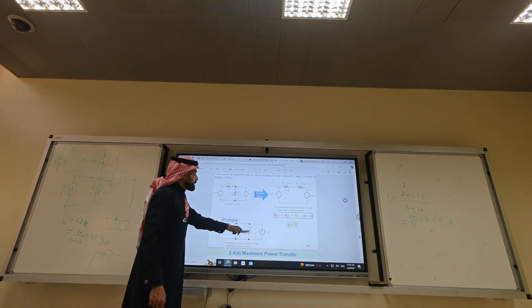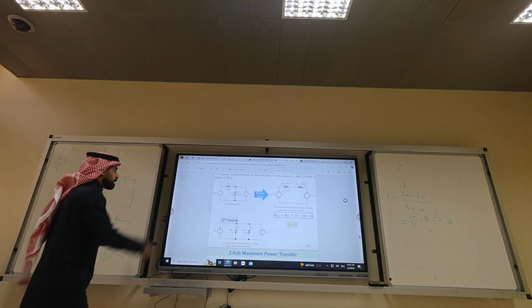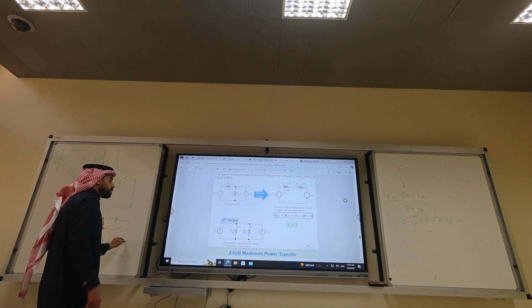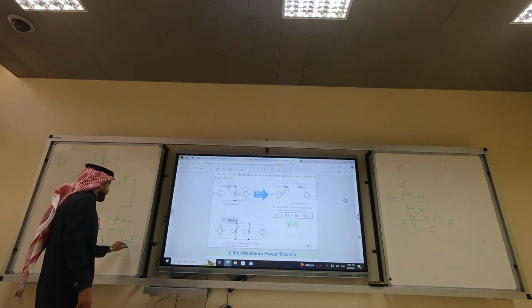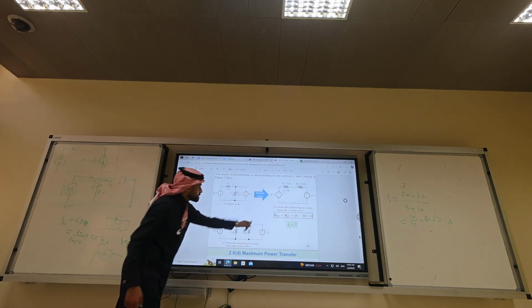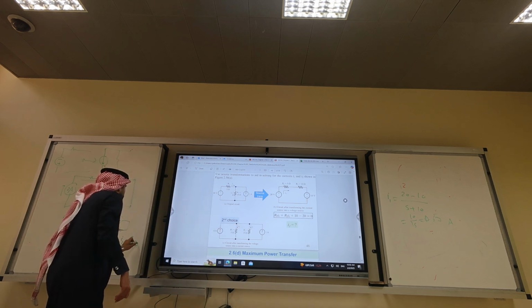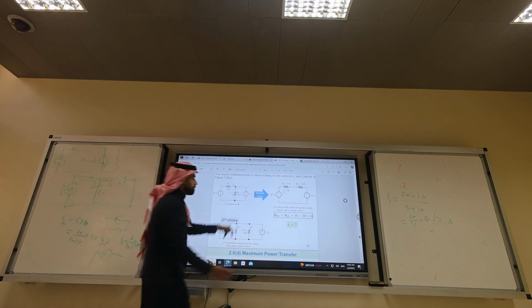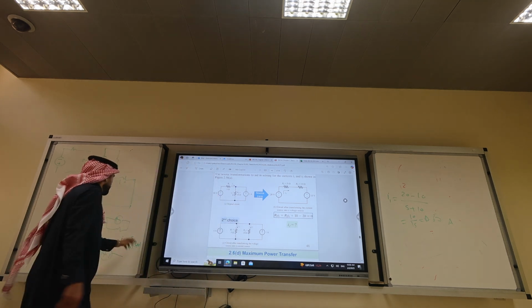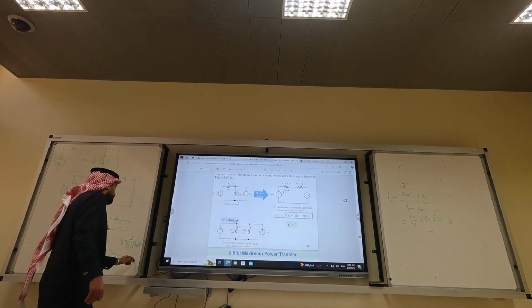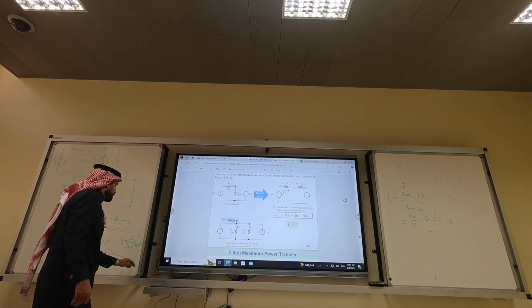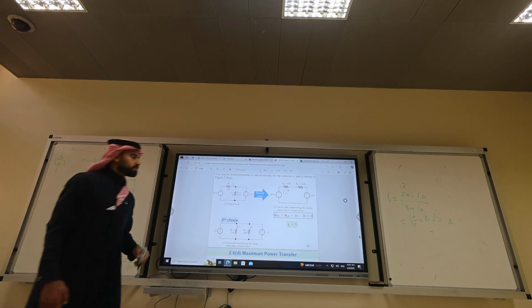So I2 is going to be by the current divider rule: I2 equals 5 over 5 plus 10 times 1 plus 4, which is 5. And then it's going to be 25 over 15 amps.